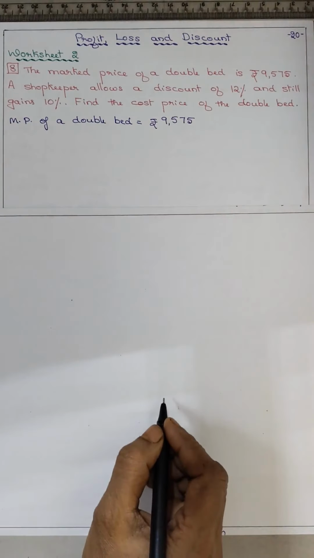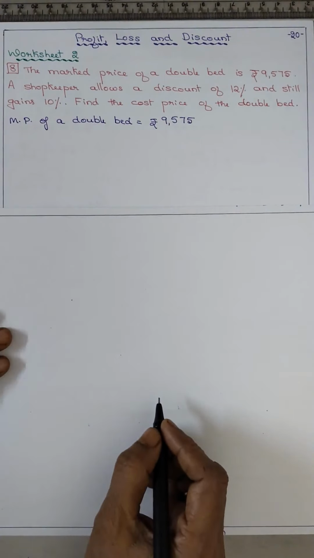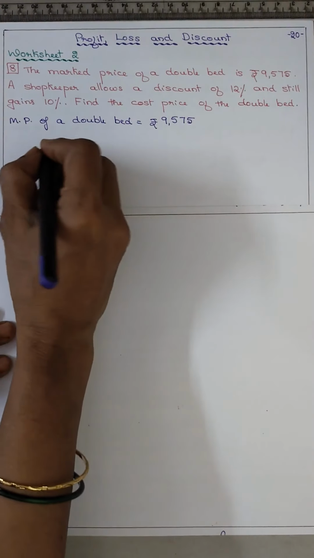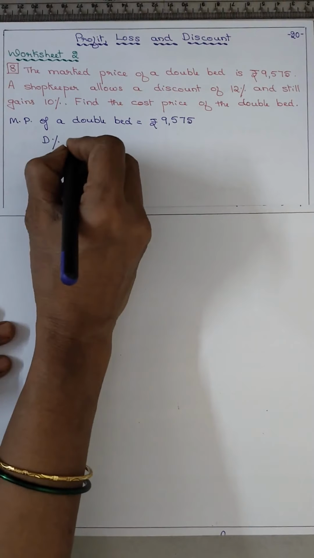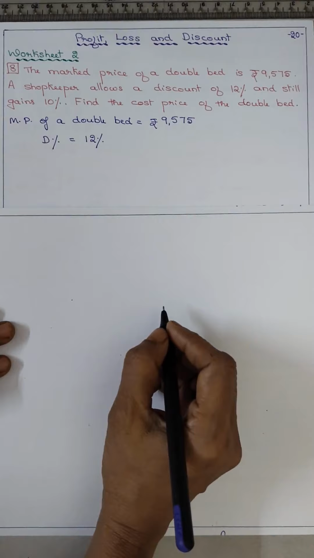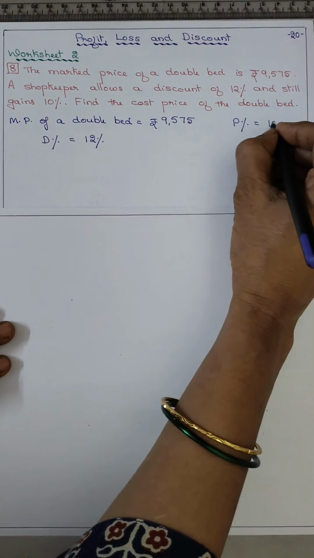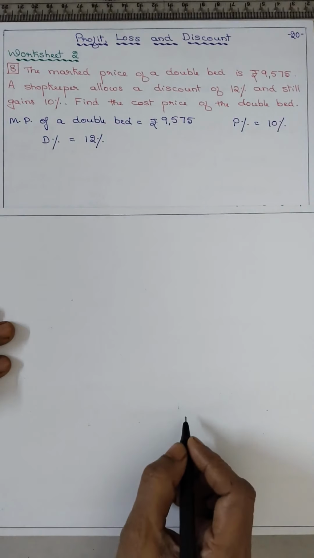Is it clear? Now, what is given? The discount percent is equal to 12%. Now, the gain percent, that means profit percent, is given as 10%.